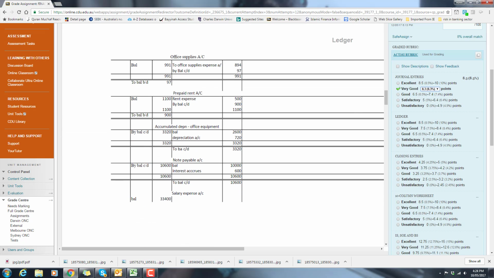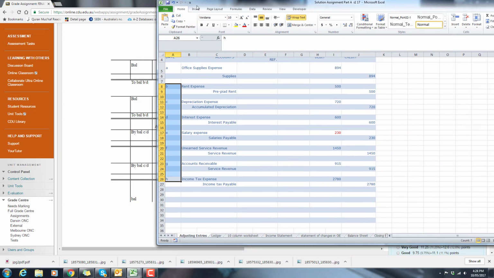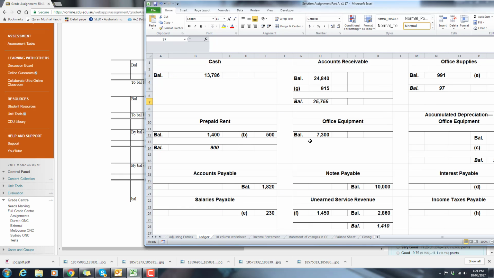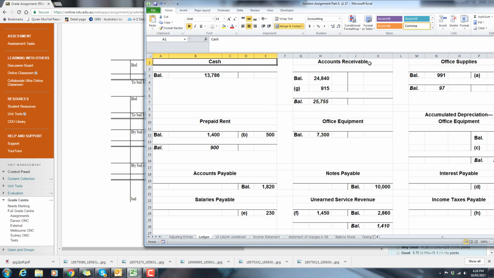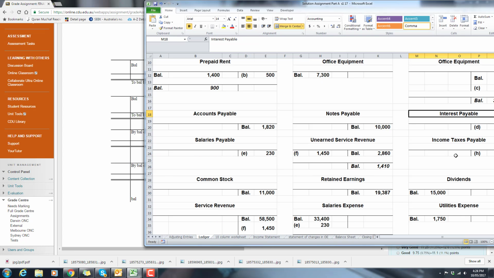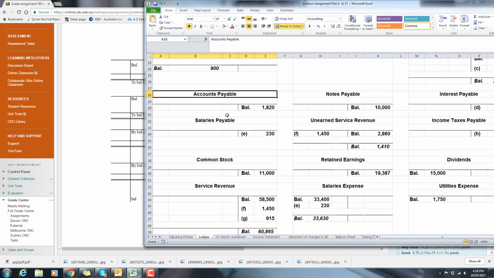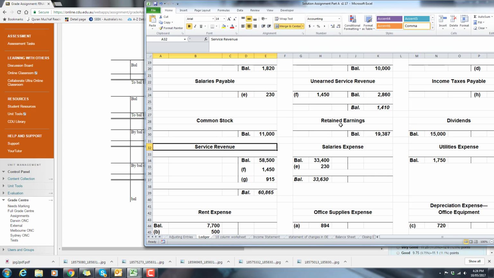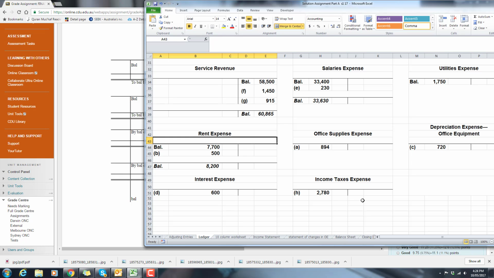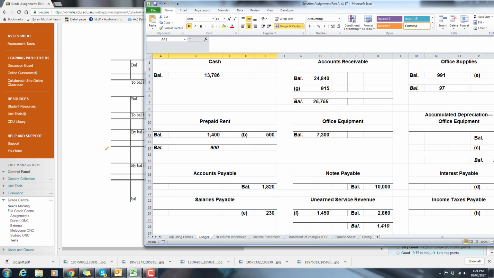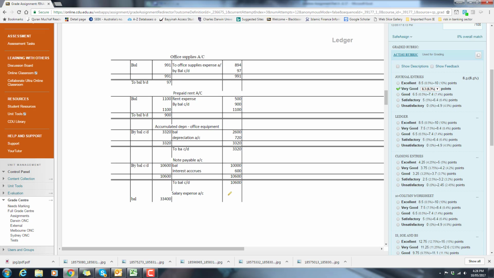Ledger account. We don't really have to go through all the ledger accounts the students have done. I will just be looking at the number of ledger accounts that students did. I'm expecting around 16 to 20 ledger accounts to be produced, and 10 marks is allocated for this.